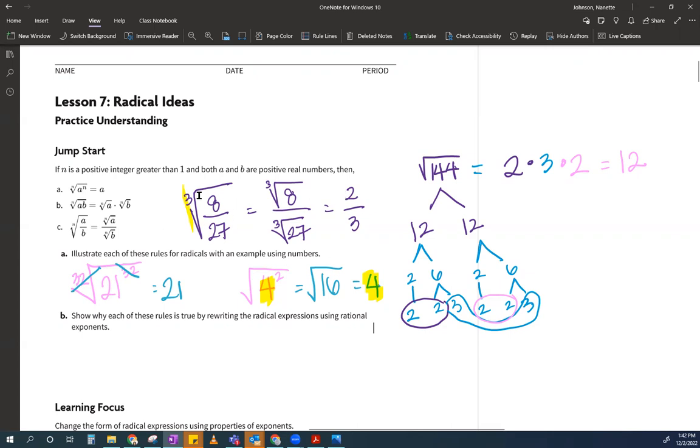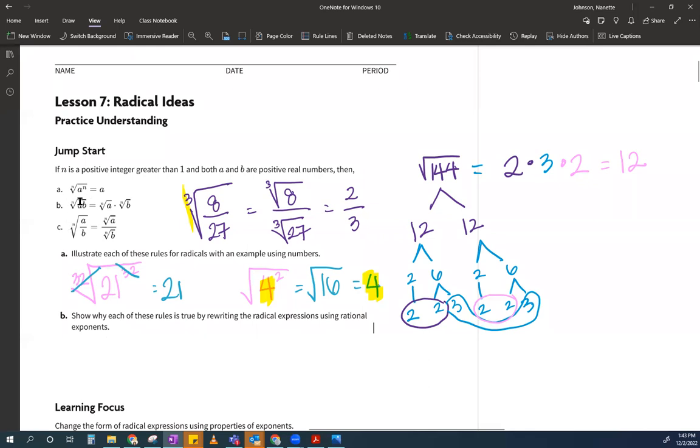If you did it this way or this way, you would still end up with the same answer of 2/3. If I take 2/3 and I cube it, it would end me up back over here with 8/27. So they just want you to show that these rules are true by rewriting the radical expressions using rational exponents.